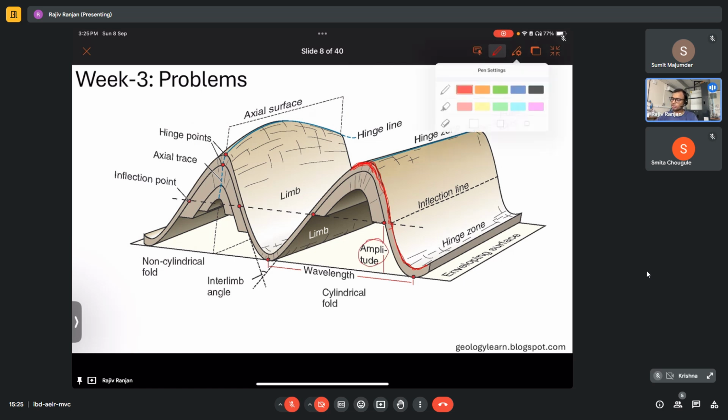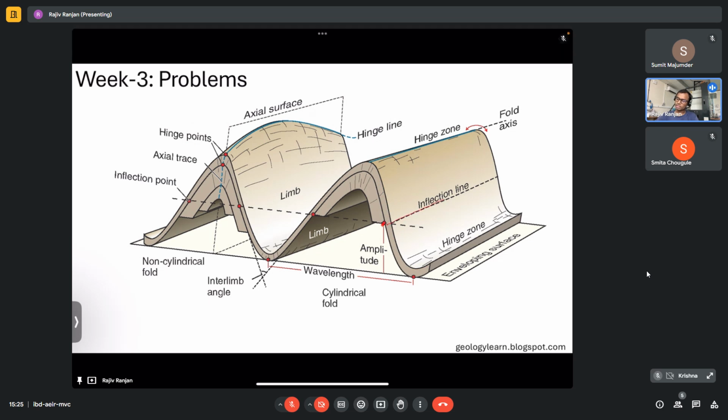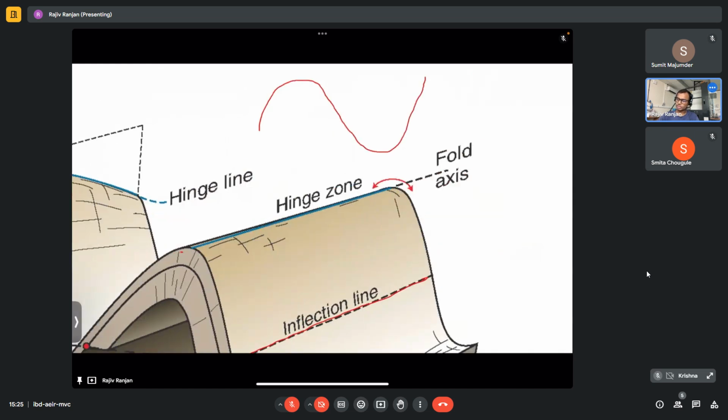Amplitude, we know in general language also. What is the amplitude? From the median line, if you look at the profile plane, suppose you have a fold like this. So this is the inflection point, right?